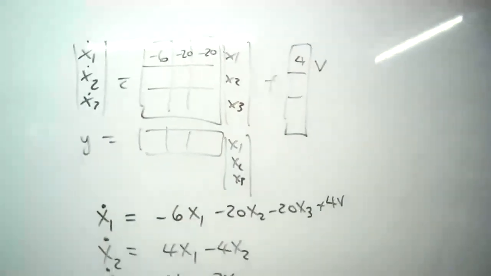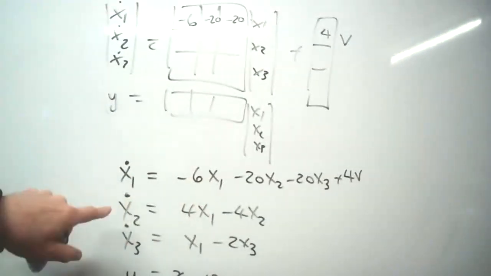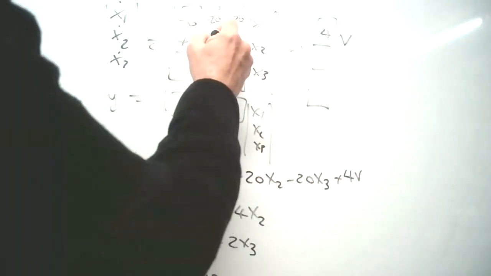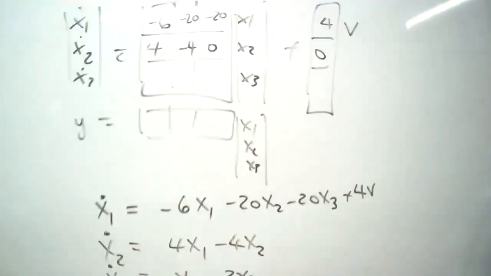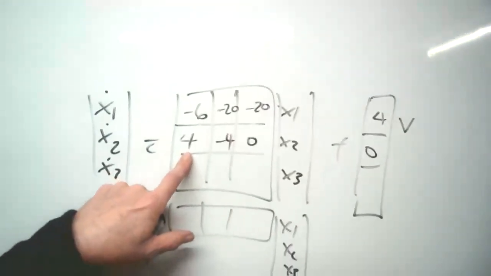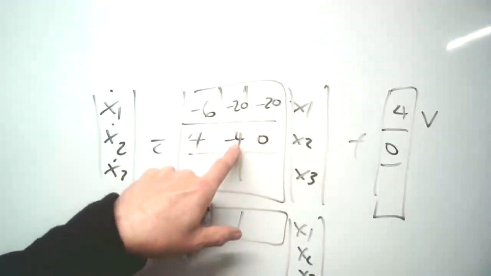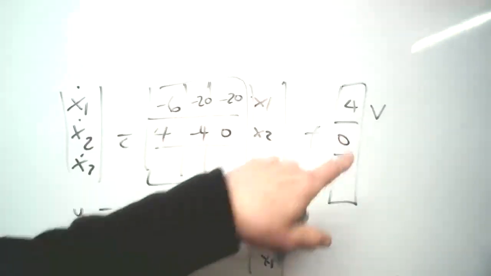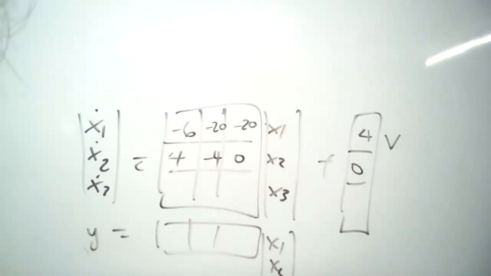Then x2 dot, which is 4x1 minus 4x2, and nothing else. So that's 4 times x1, minus 4 times x2, and 0 times v.